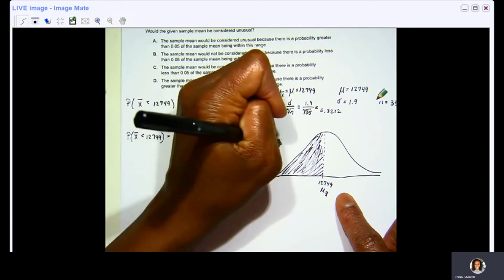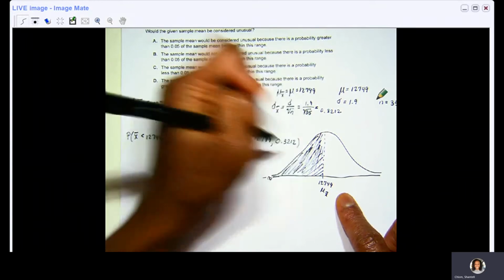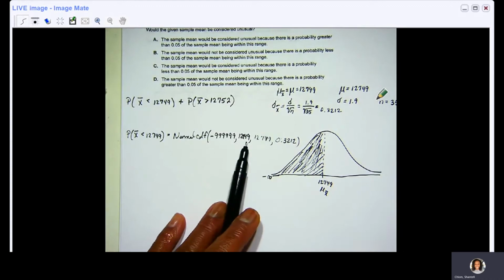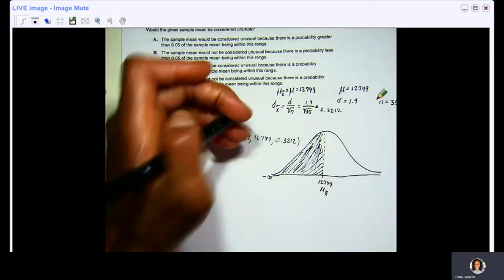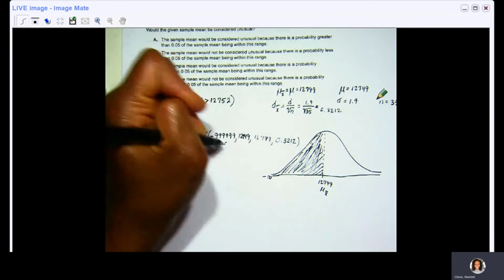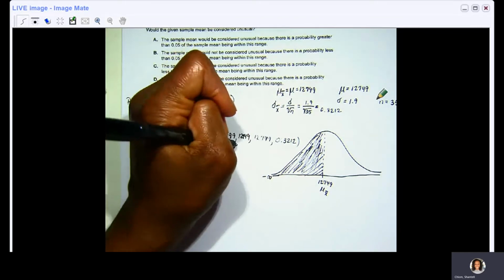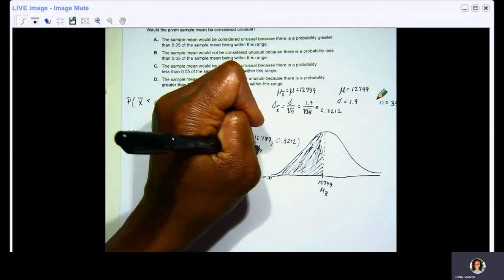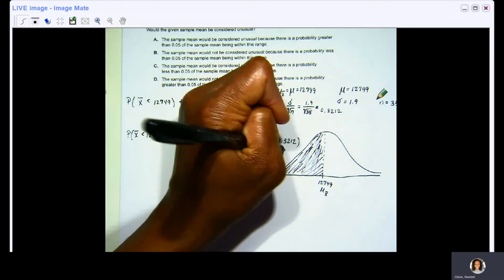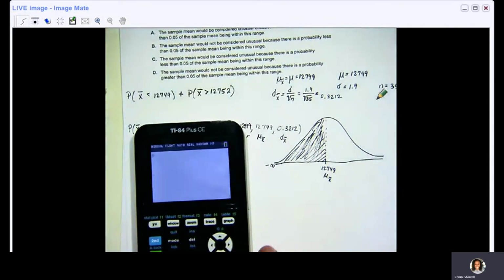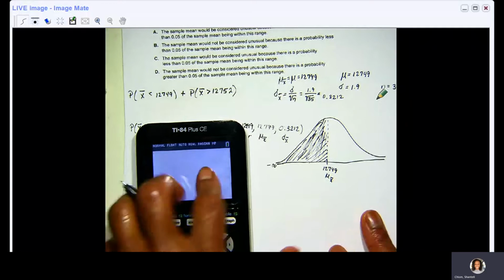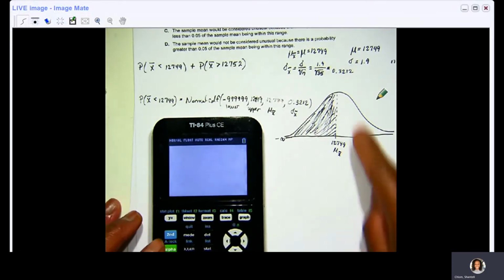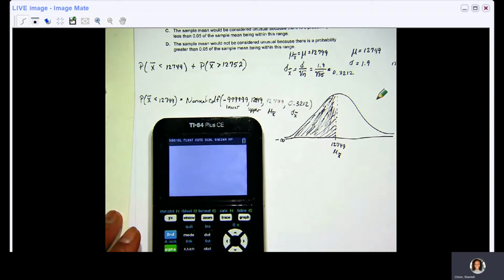Then we've got our deviation, 0.3212. So don't accidentally do what I was about to. You got to actually put that 12,749 in twice, because it's the upper bound as well as the mean. So lower bound, upper, mean mu sub x, sigma sub x. Okay? So I'm going to calculate this first. And like I said, I already know it's a half because of the way that it's shaded.